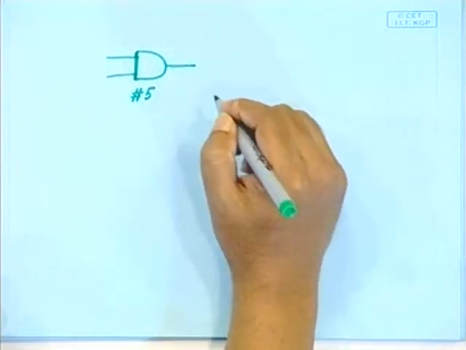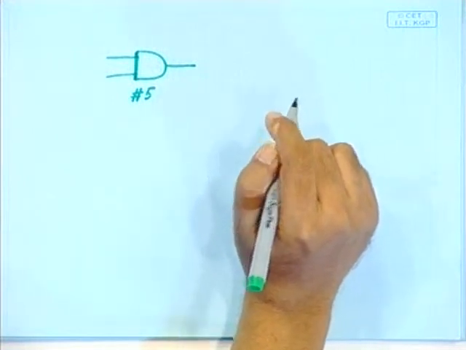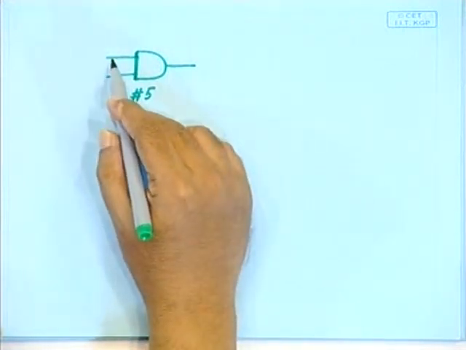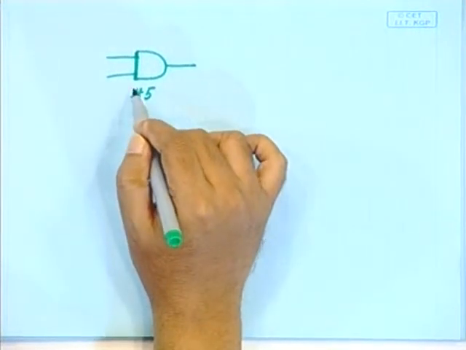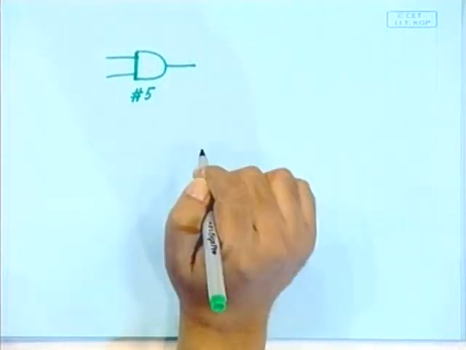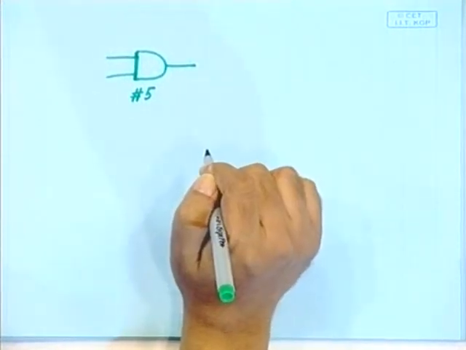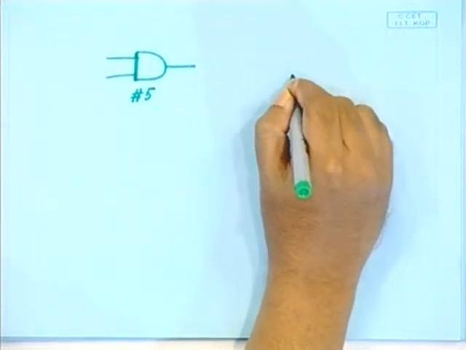Now, what would that mean in terms of simulation? It means that if your inputs are not steady for this amount of time, then the input may not be noted at all. What kind of thing can happen there?